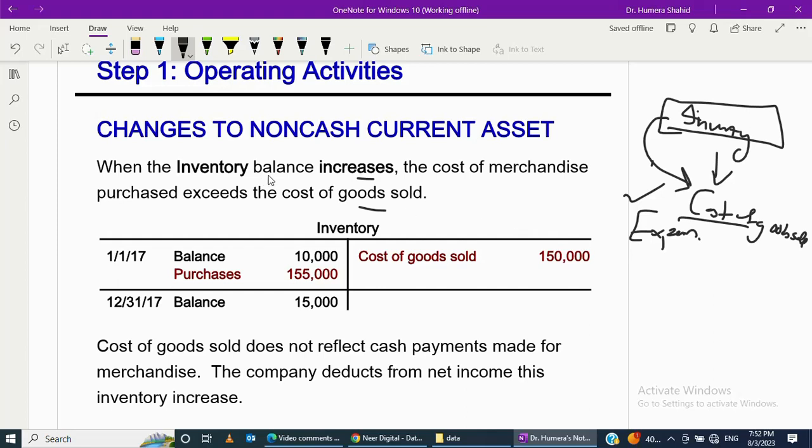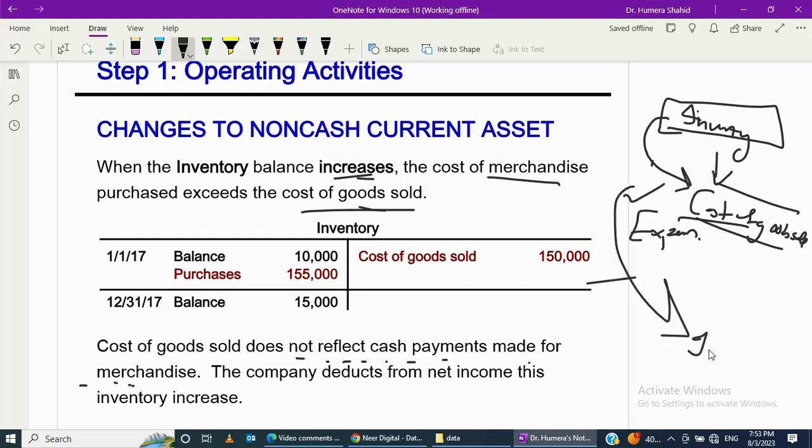So when the inventory balance increases, it means that the cost of inventory or merchandise purchased is more than the cost of goods sold. That's why this increase shows the spending of money. You purchase the inventory, you spend the money. So that's why you minus it, because money goes from your hand. So cost of goods sold does not reflect cash payment made for the merchandise. Why? Because you paid for the cost of goods sold plus also that inventory which is increasing in your ending balance.